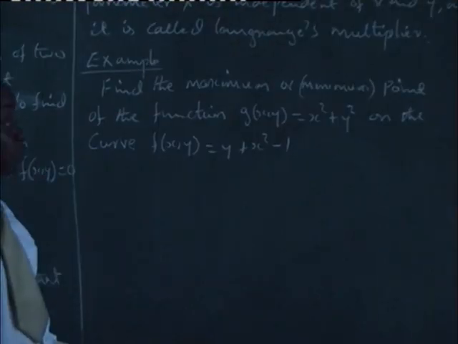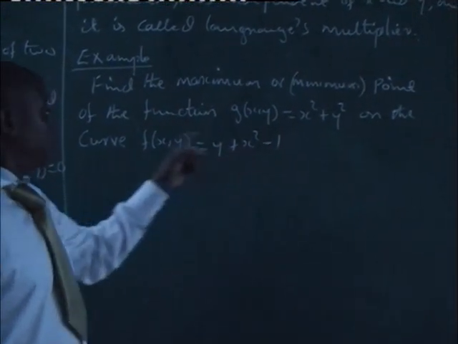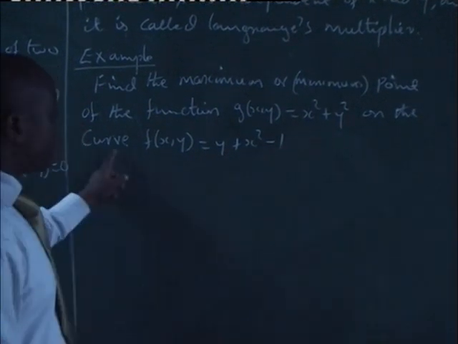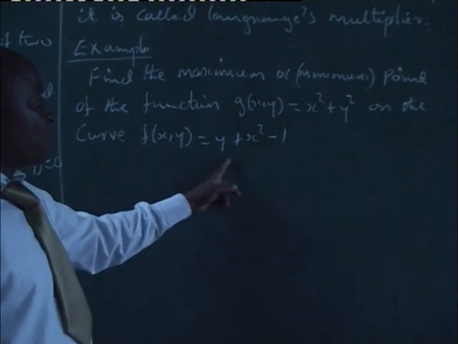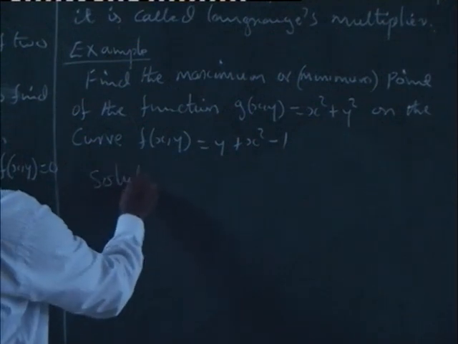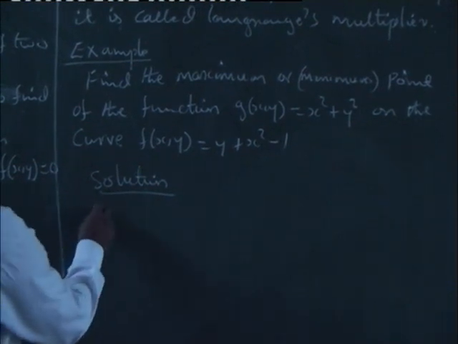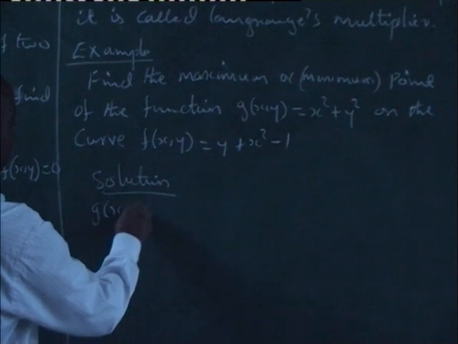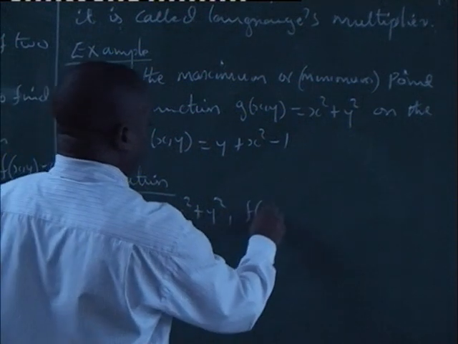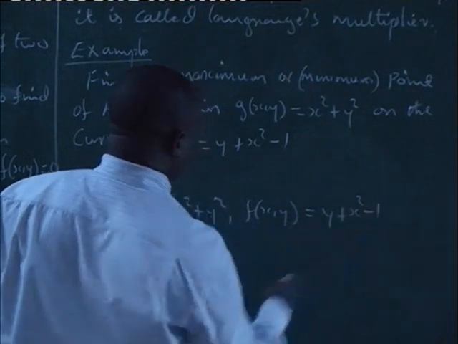Okay, so let's look at this example. Find the maximum or minimum point of the function g of x, y equals x squared plus y squared on the curve f of x, y equals y plus x squared minus 1. We have the solution that g of x, y is equal to x squared plus y squared, and f of x, y is y plus x squared minus 1.